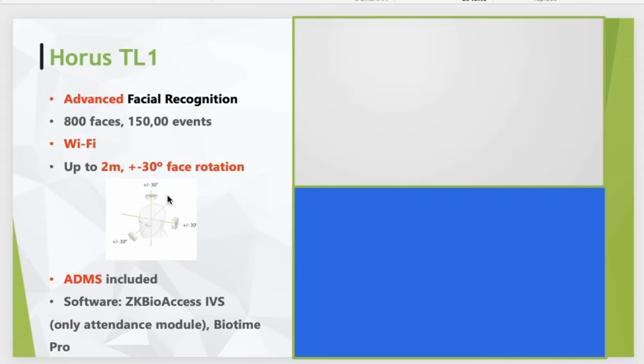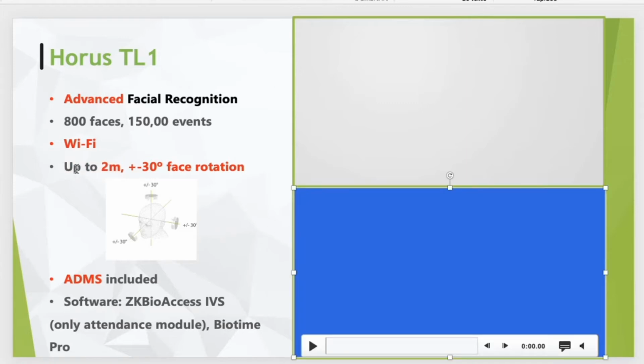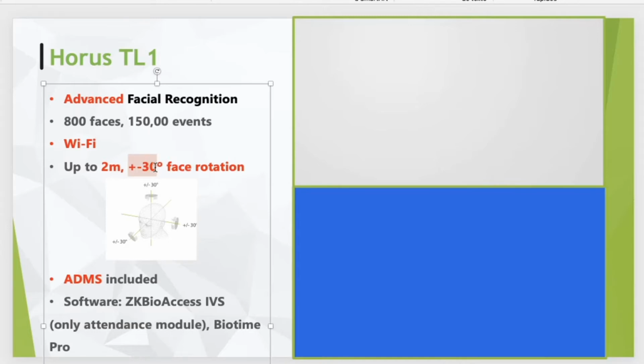Okay, this Horus TL1, with this advanced technology, which is visible light, can allow you to make the registration up to 2 meters away from the device. Okay, so we go from 30 centimeters to 2 meters from the device, and we also have 30 degrees of face rotation, like we have in this picture.